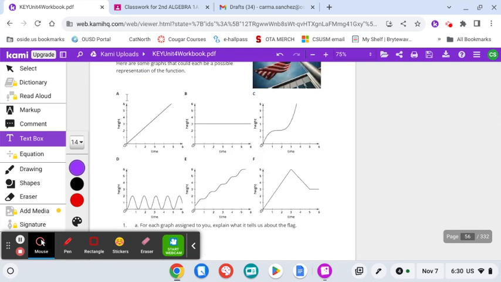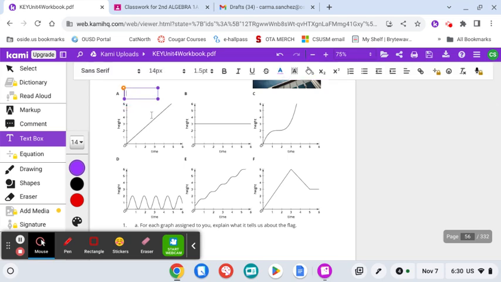So here, the flag begins at 0, so on the ground, and then is raised at a constant rate over an interval of 5. We don't know if this is 5 seconds, 5 minutes.